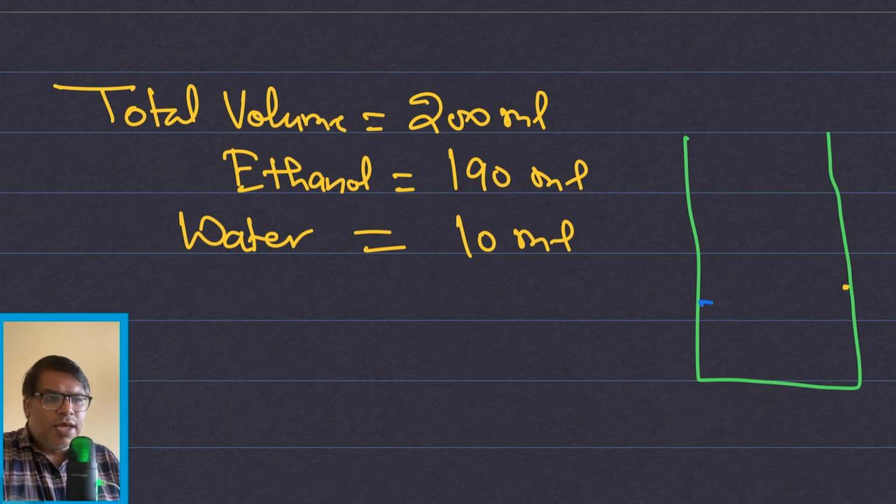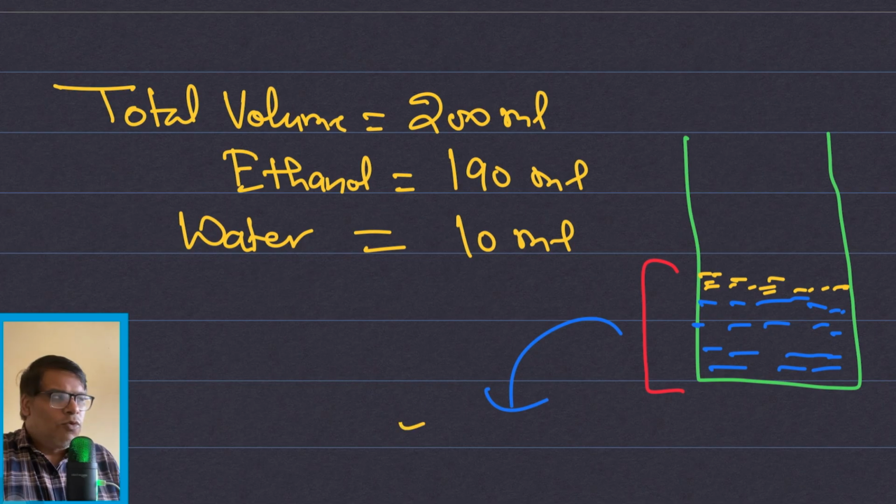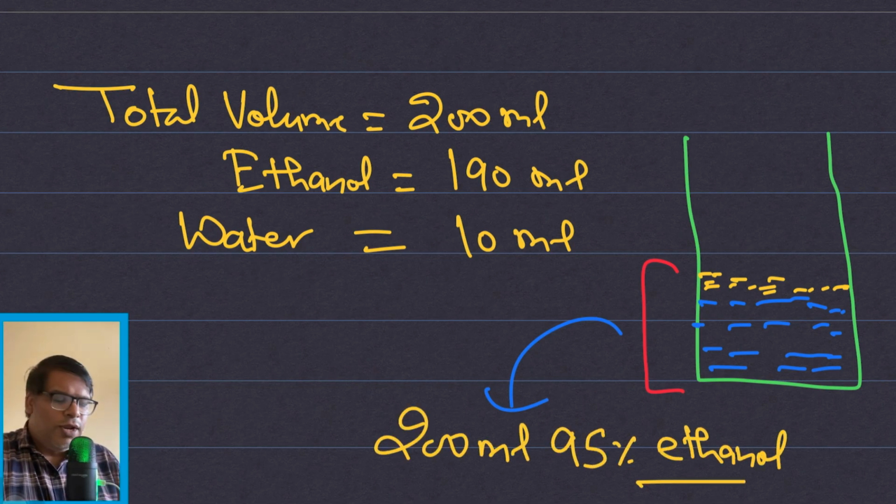If you prepare the solution this way, you have prepared 95% ethanol and the volume will be 200 ml. So it is quite easy to prepare a percent volume by volume solution. Hopefully you have understood this.